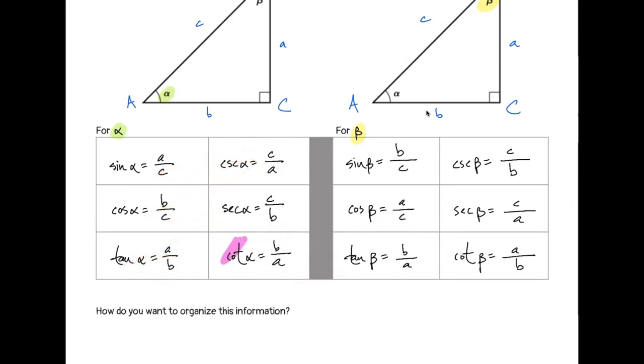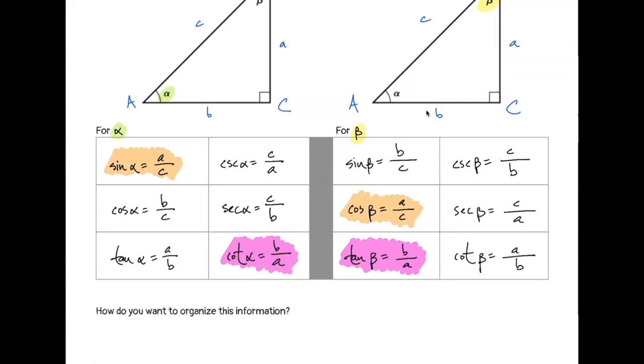So we saw cotangent alpha equals B over A. And we also saw it on the other side of the table, that tangent of beta equals B over A. Okay. We also saw that sine of alpha equals A over C. And we saw that also here, cosine of beta equals A over C.